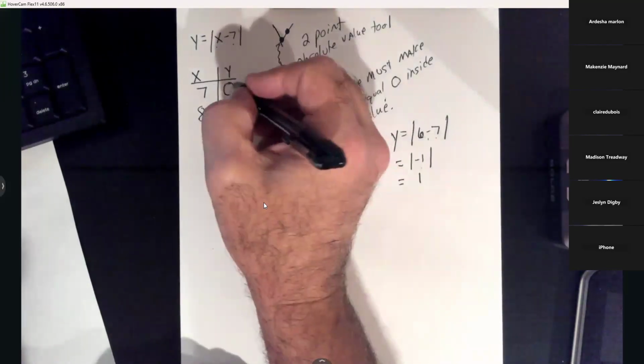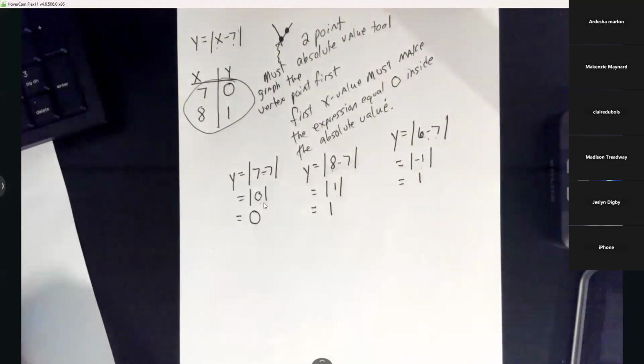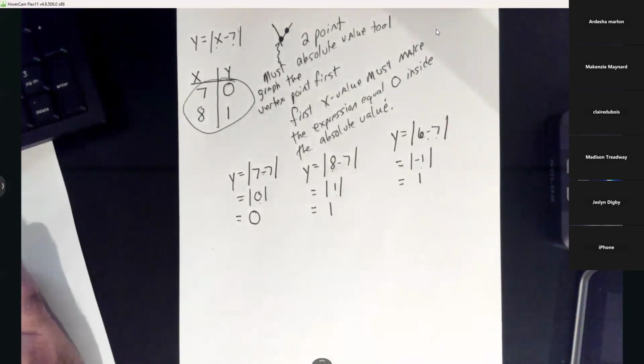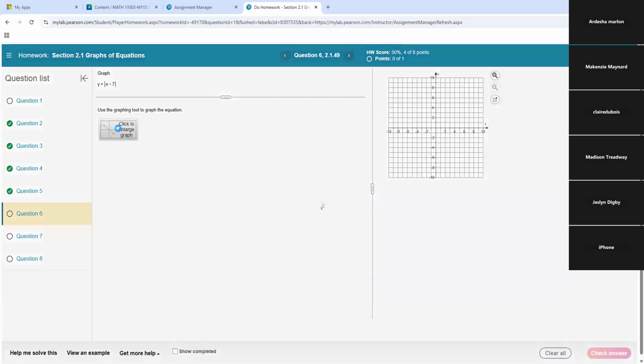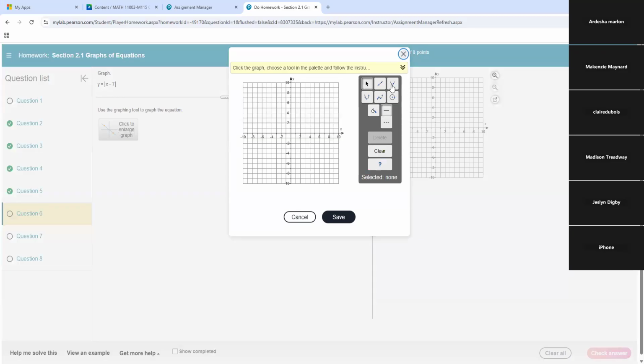So we're going to go plot 2 of these points here and see what this graph does. So I'm going to go back to MyMathLab. I'm going to click to enlarge my graph. On the top right, absolute value tool, I'm going to click that. So y'all, my first point was 7, 0.